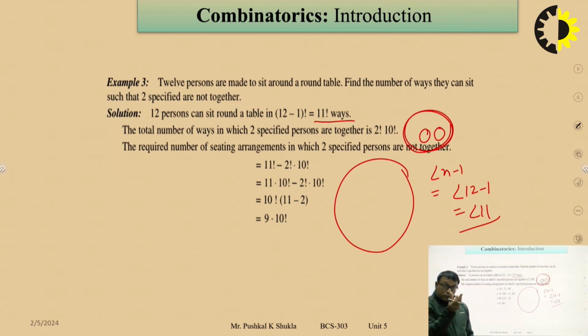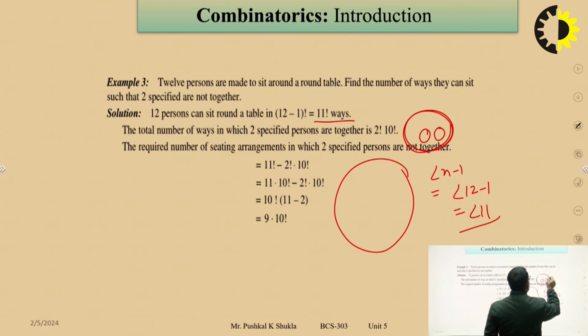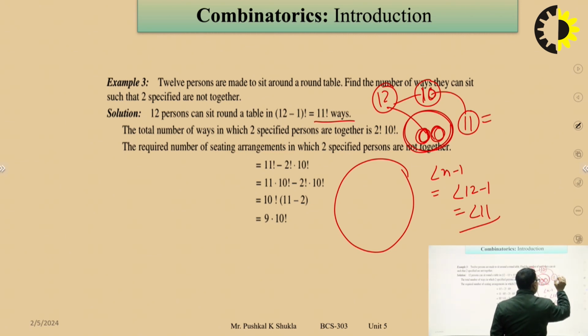So we consider the two persons as one unit. Since the total persons are 12, 10 are different and 2 are taken as one unit. So the total number of persons in this case is counted as 11.